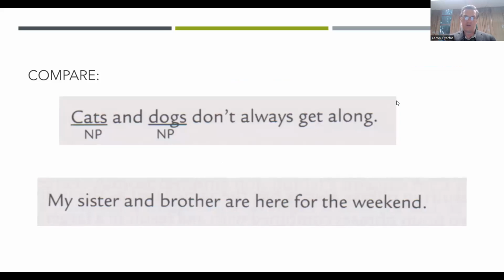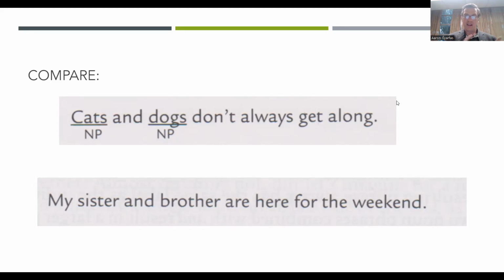Okay, so here's two more examples. We've got cats and dogs, just like the previous example. Here, cats and dogs are the subject. And then in the second sentence, we have my sister and brother as the subject. If we remember something about the chunking of phrases and drawing those sentence diagrams from chapters 4 and 5, we should be able to see visually that there's a difference between these two sentences.